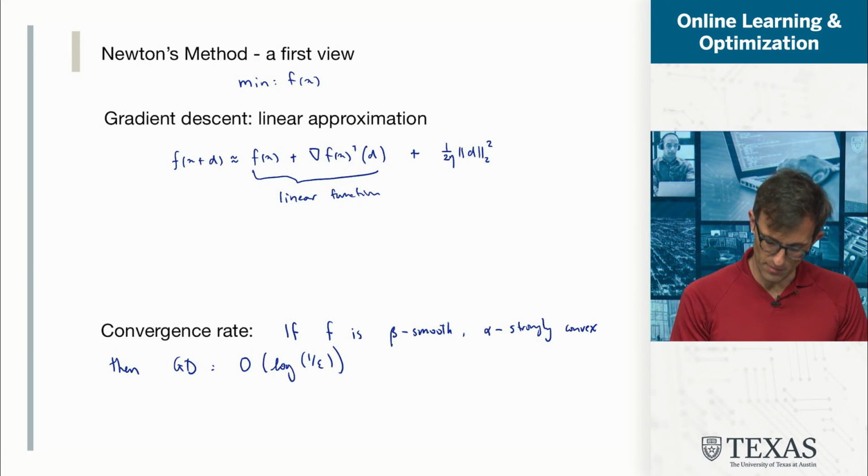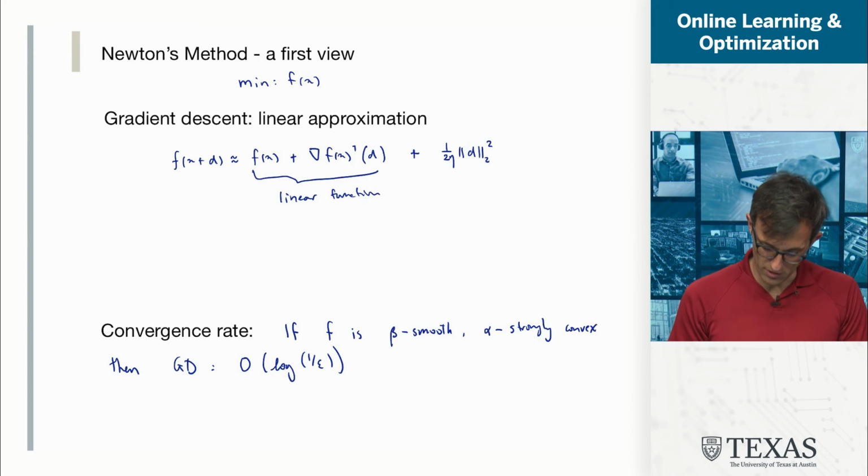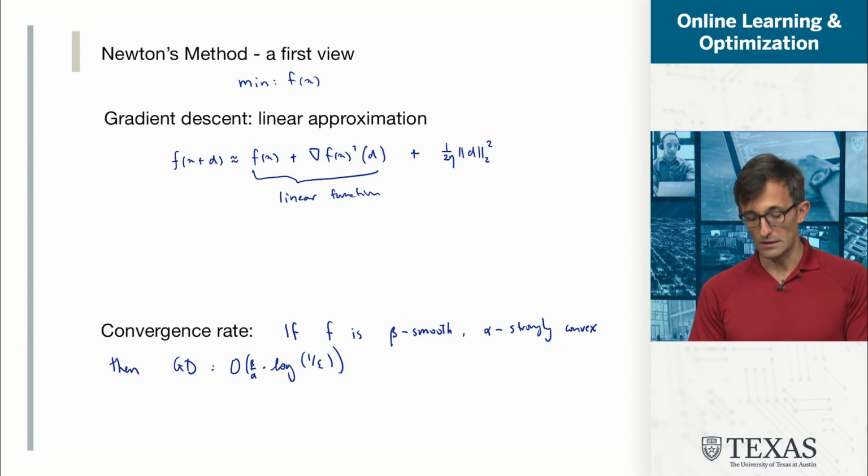Actually, let me be a little bit more precise. I'm hiding a few constants that in our other analysis have been important. These are how well-conditioned or ill-conditioned the function is. So let me write that: order beta over alpha times log 1 over epsilon. So we see that we have this log 1 over epsilon.